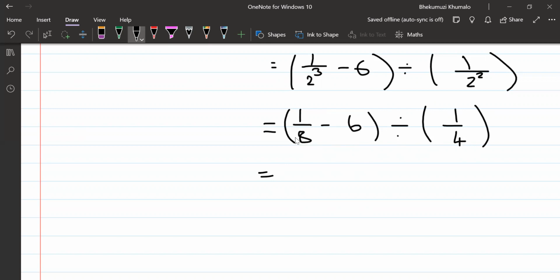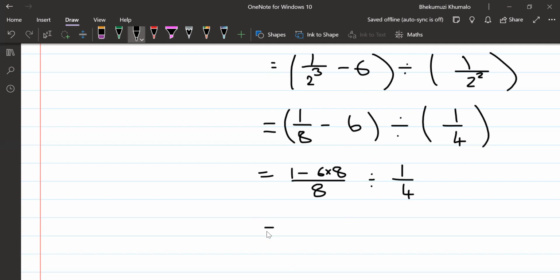Now you just have to do this without a calculator. So you'd say 1 minus 6 times 8, all over 8, to make it into a mixed fraction, divided by 1 over 4.